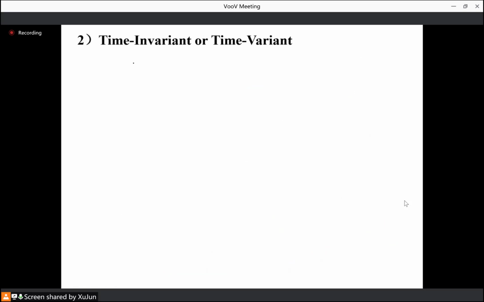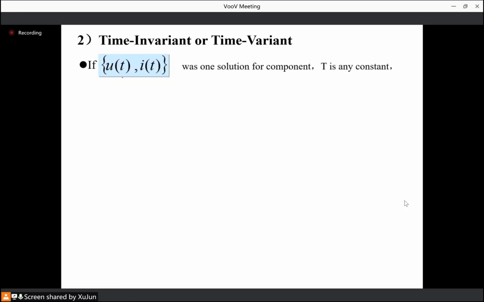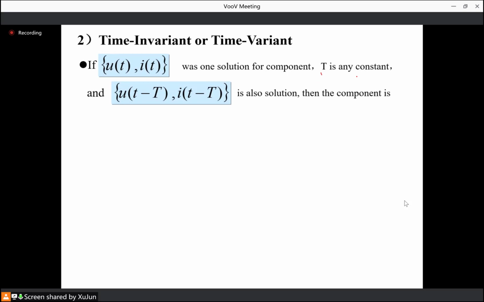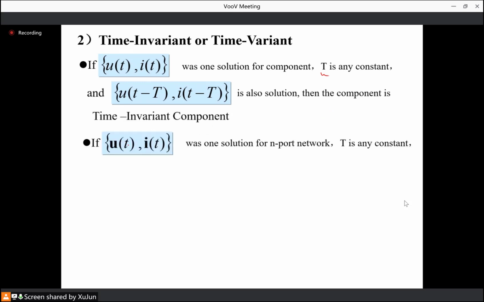Okay, the second concept: time invariant and time variant. If (u(t), i(t)) is one solution for the component, and t is any constant, if u delayed by T and i delayed by T is also a solution, we call this component a time invariant component.